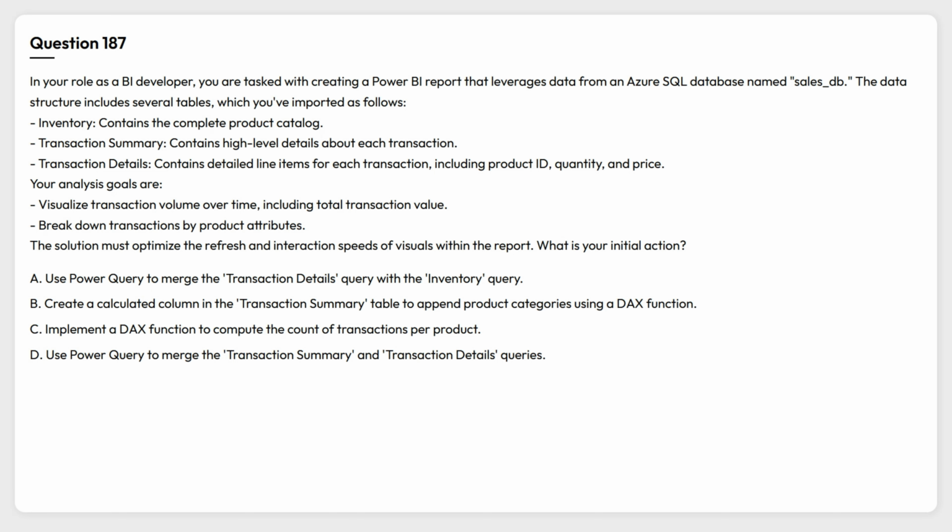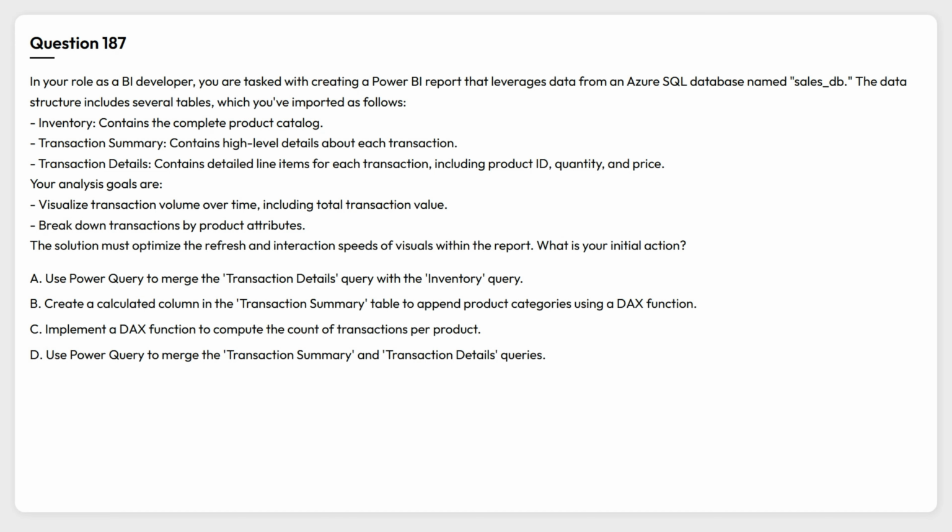Question number 187. In your role as a Power BI developer, you were tasked with creating a Power BI report that leverages data from an Azure SQL database named sales_db. The data structure includes several tables which you have imported as follows.